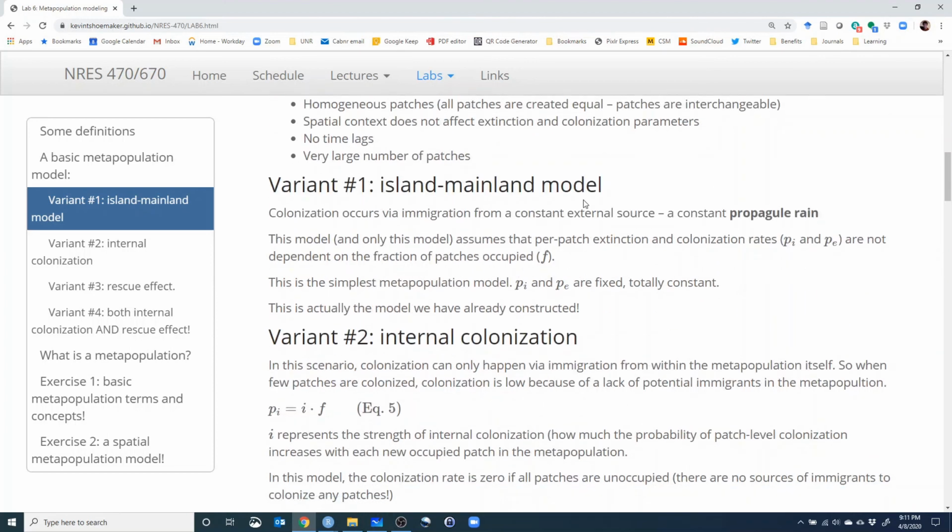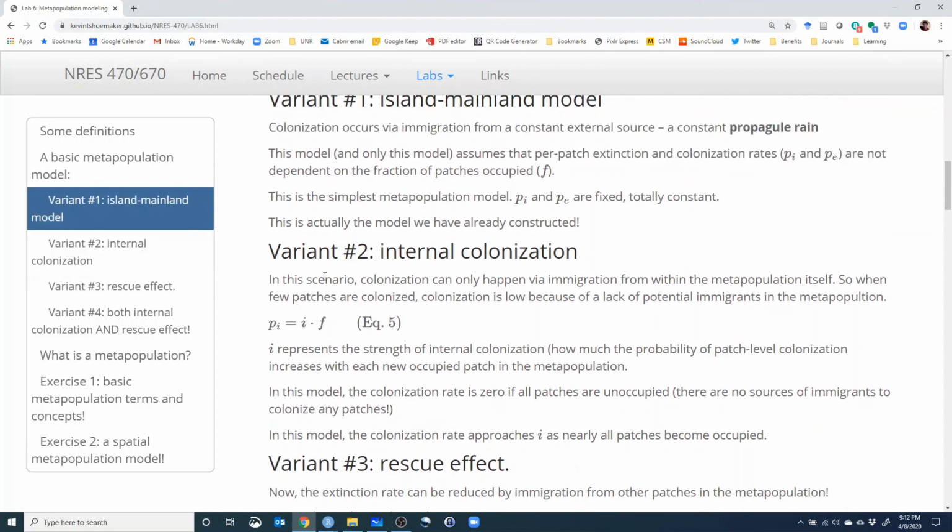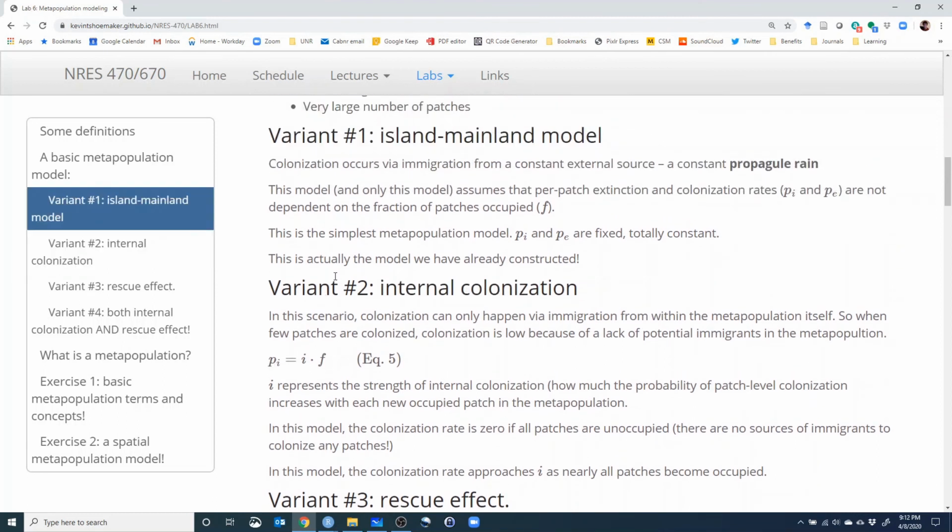We've already gone through the island-mainland model and the internal colonization model, right? In these cases, we're imagining that the source of immigrants in the metapopulation is internal to the metapopulation, which means that the probability of a patch becoming colonized or going extinct actually depends on the patch occupancy F itself.